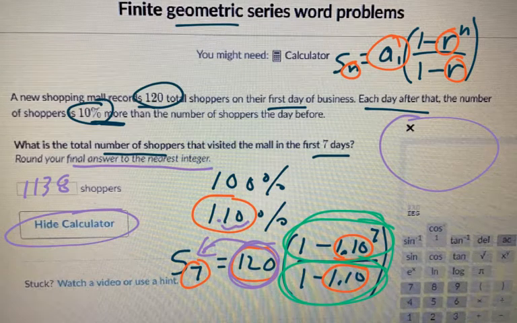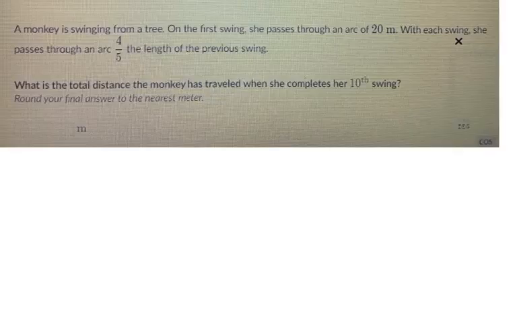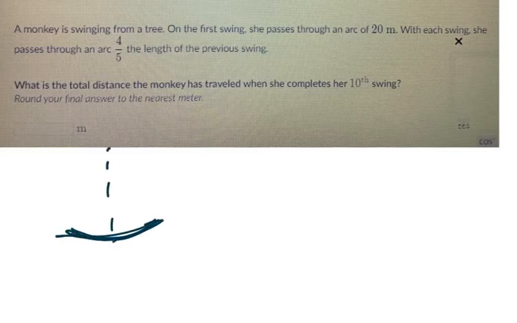All right, let's do another one. This time we have a swing, or a monkey swinging back and forth from a tree. Back and forth. We know that each time it swings, though, it's going to get shorter and shorter and shorter, each of the swings, right?